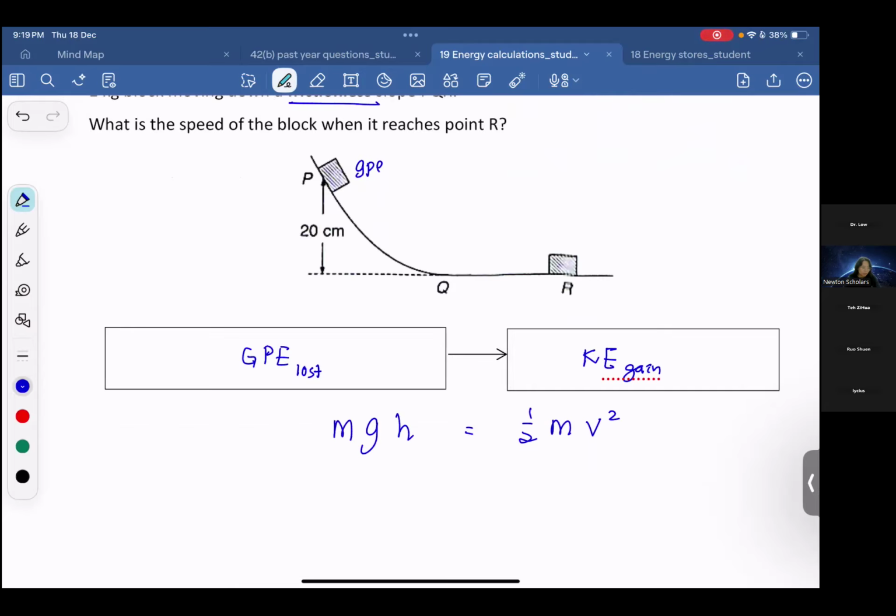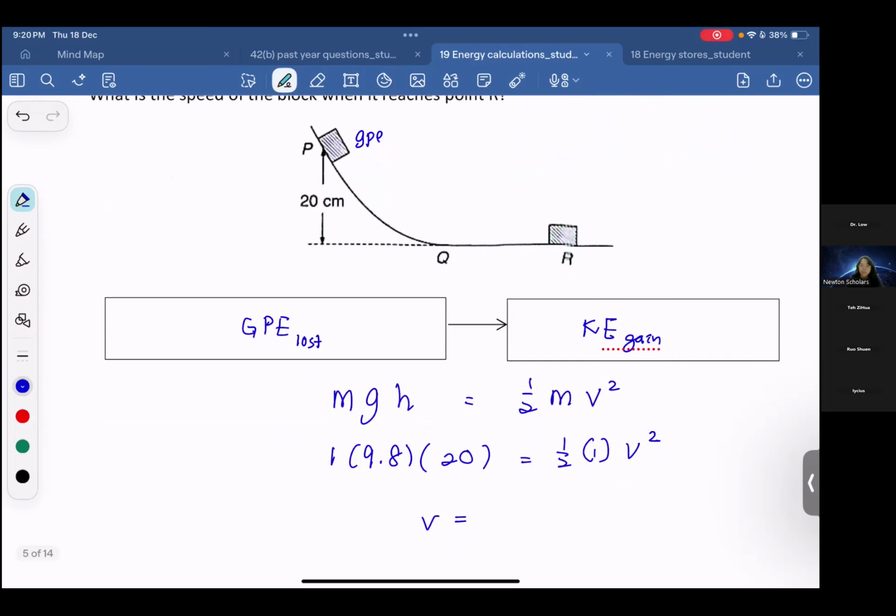Okay, here, teacher, 1 kg. 1 kg times 9.8 times the height 20, equals 1 over 2 times 1 times v squared. What is your v squared? Are you able to agree with my substitution right now?